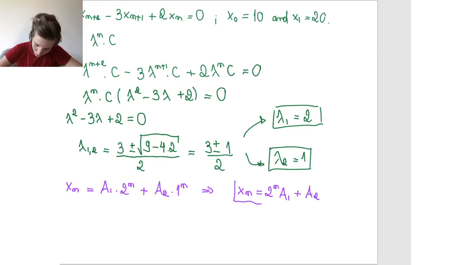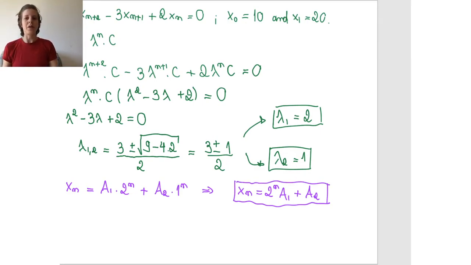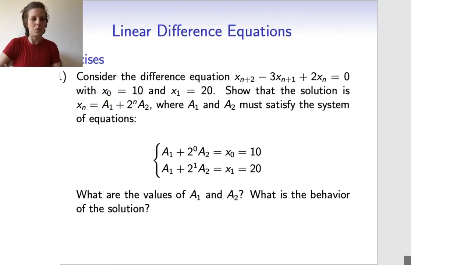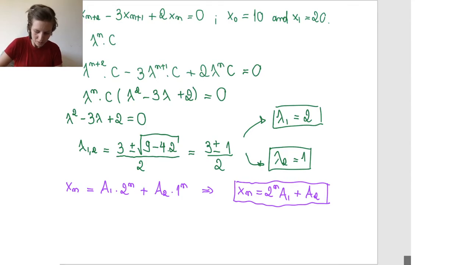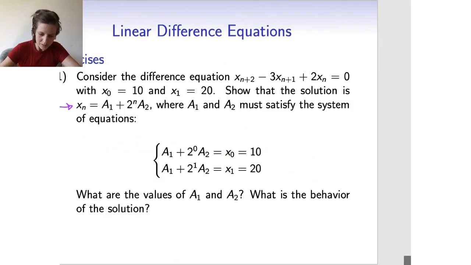So yeah, we accomplished the first part of the exercise. In the exercise I just called it in a different way, just exchange a1 by a2, so a1, a2.